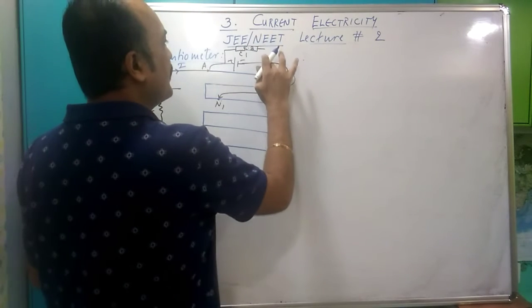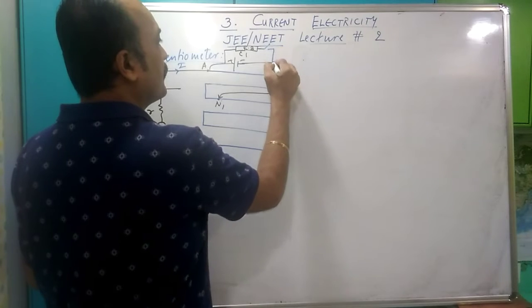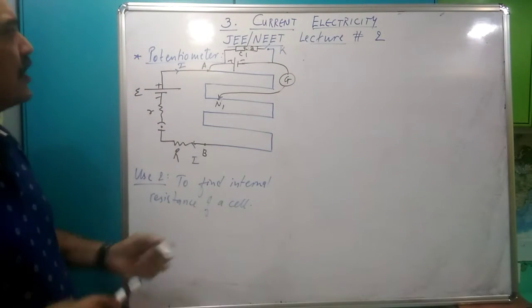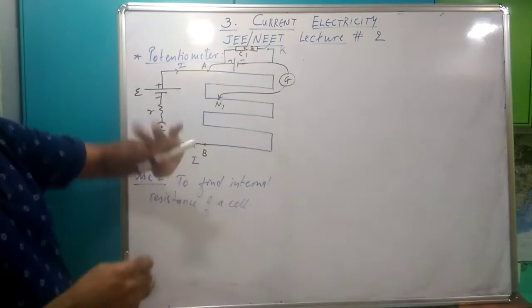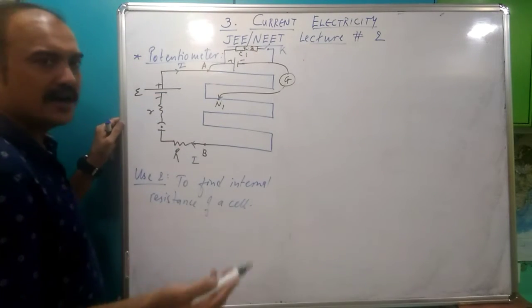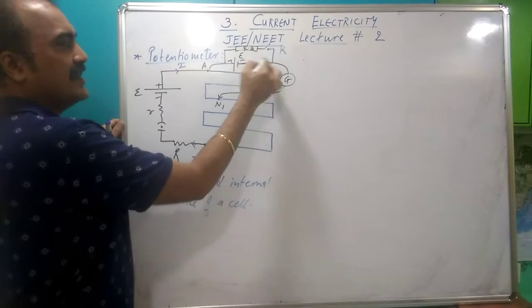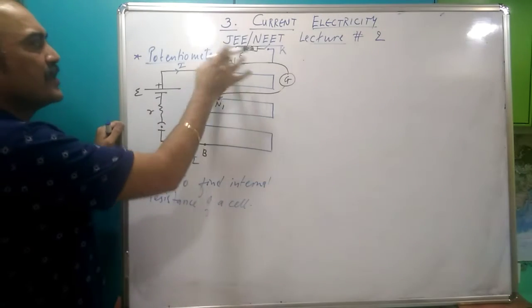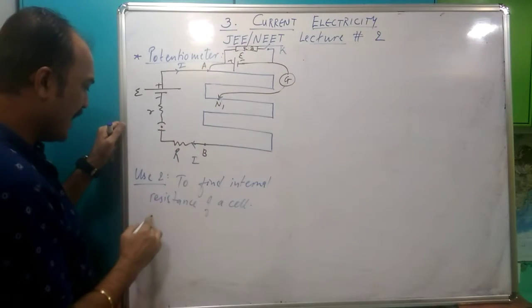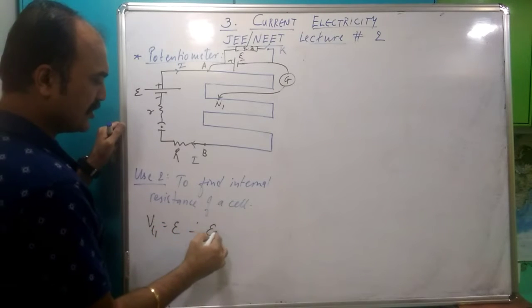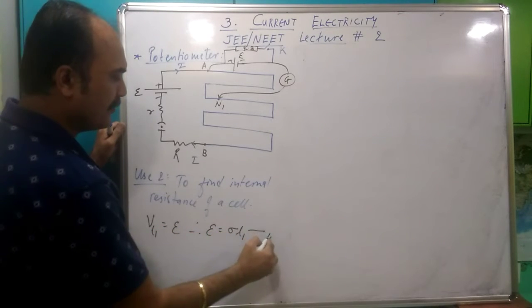I forgot to put the key here. This is the key. First, when the key is open, the resistance box is not in the picture. As a result, the EMF, we'll call it epsilon, with internal resistance r. So this epsilon is equal to N1, and so VL1 is equal to epsilon. So epsilon is equal to sigma L1.